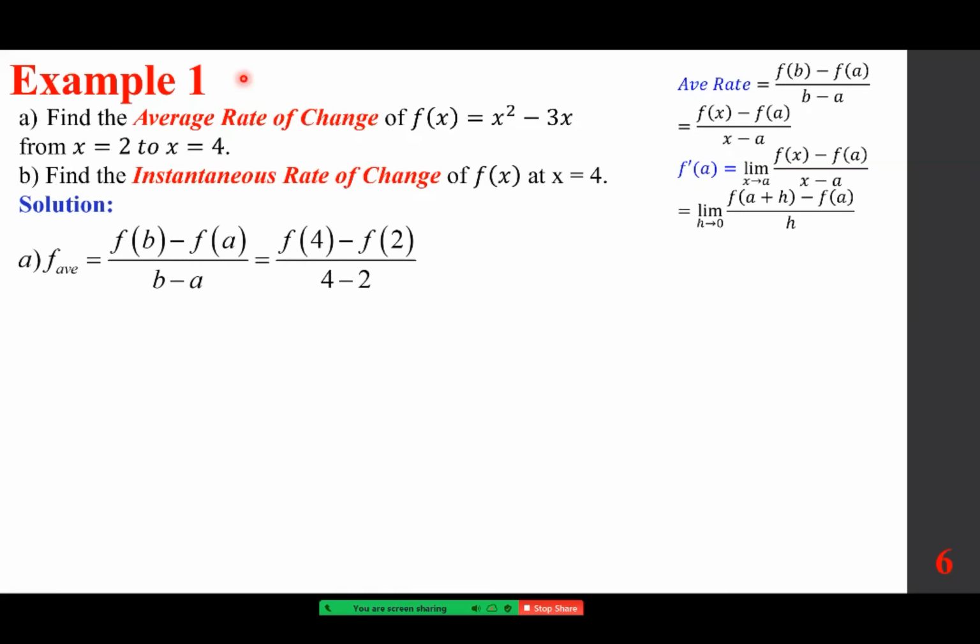So the top is the change in y, f of 4 minus f of 2. And the bottom is change in x, 4 minus 2.